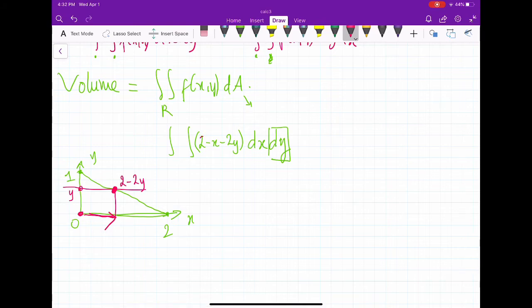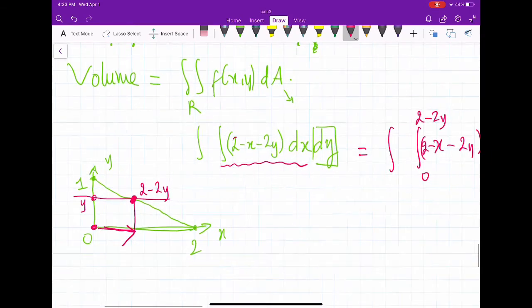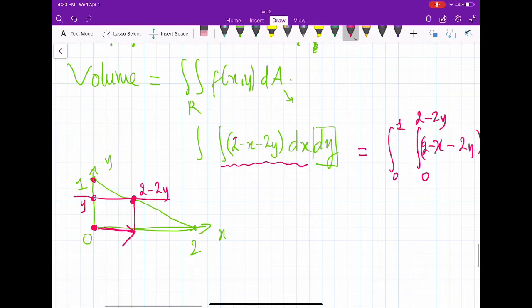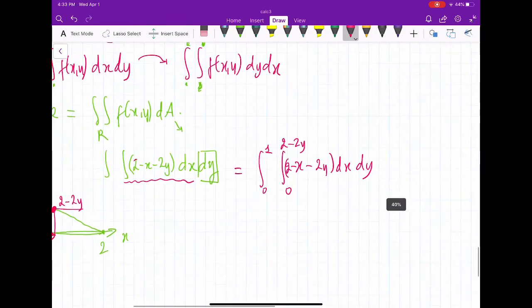Then the integral is equal to the integral from 0 to 2 minus 2y of (2 minus x minus 2y) dx dy, and y goes from 0 to 1.